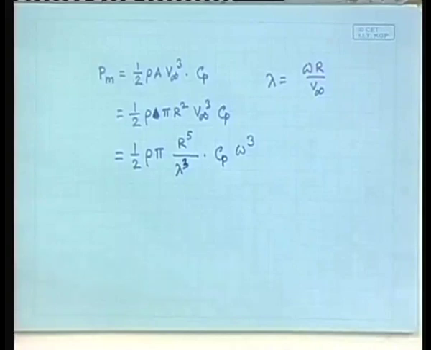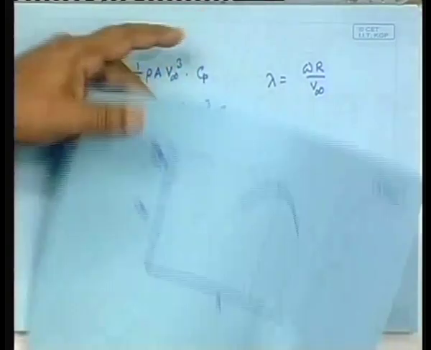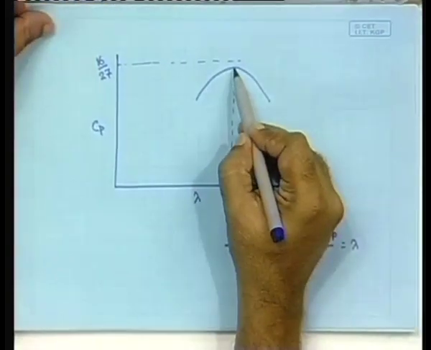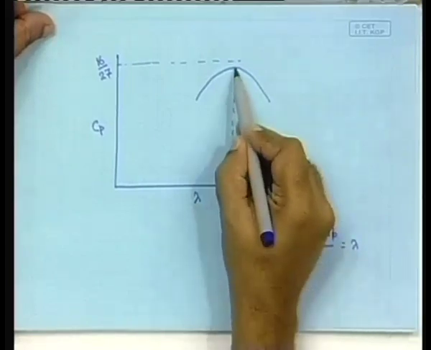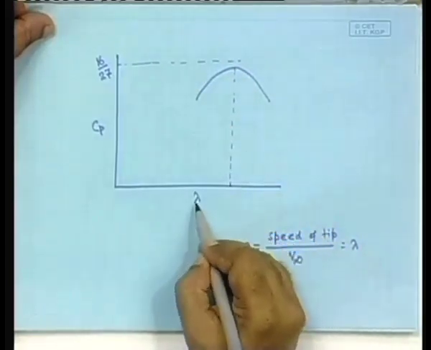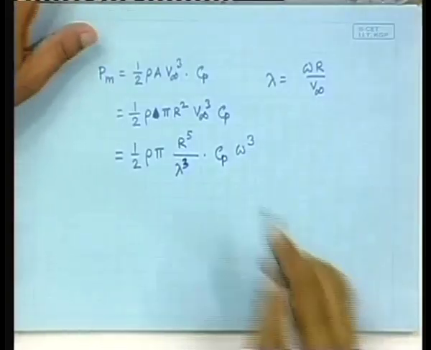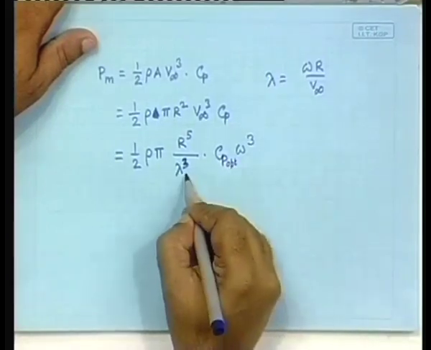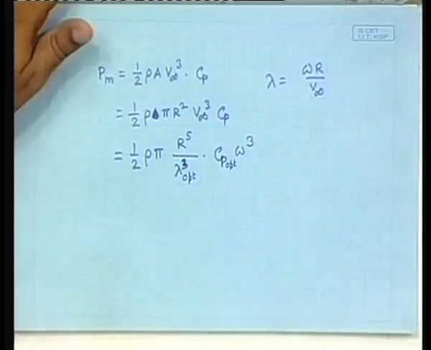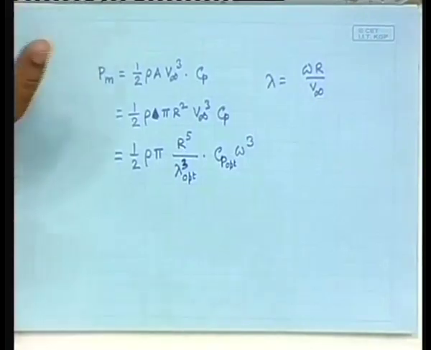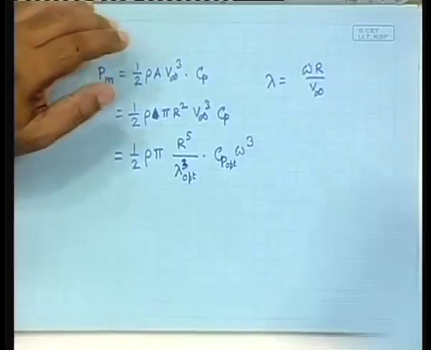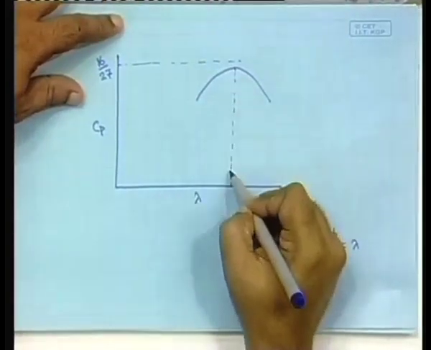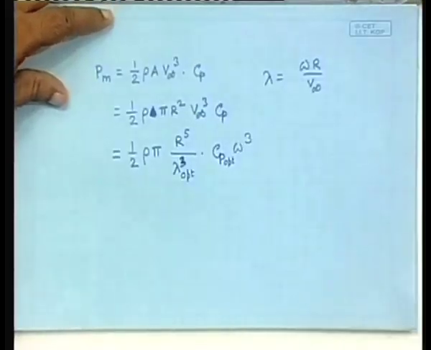Now, as I told you, it operates at an optimal Cp at an optimal value of lambda. So, if you are operating at that, then you can say here Cp is optimal, lambda is optimal. Suppose you are operating at this point, so these two are optimal.